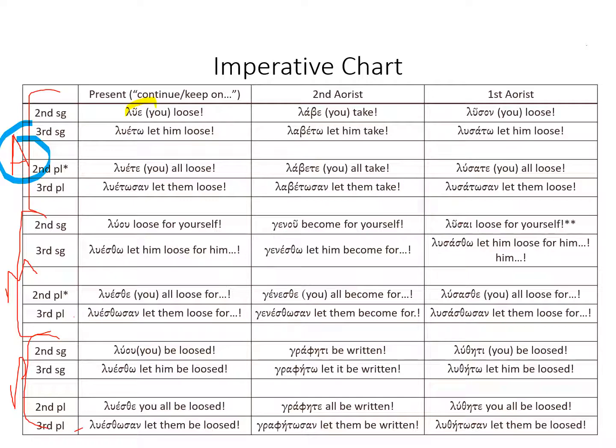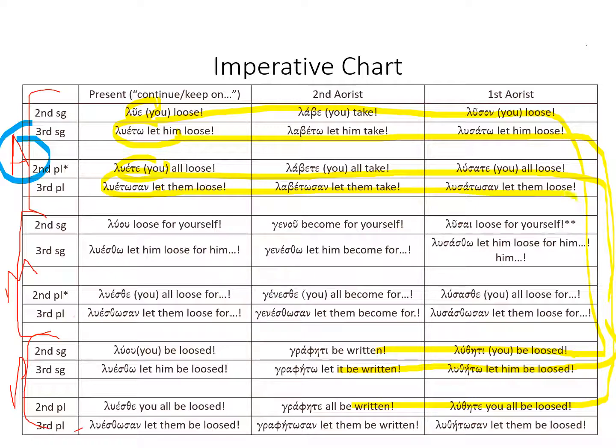So son, ti, to, here to, te, here toson. Then for the present here, the middles all the way across, and then the present, middle, and passive.